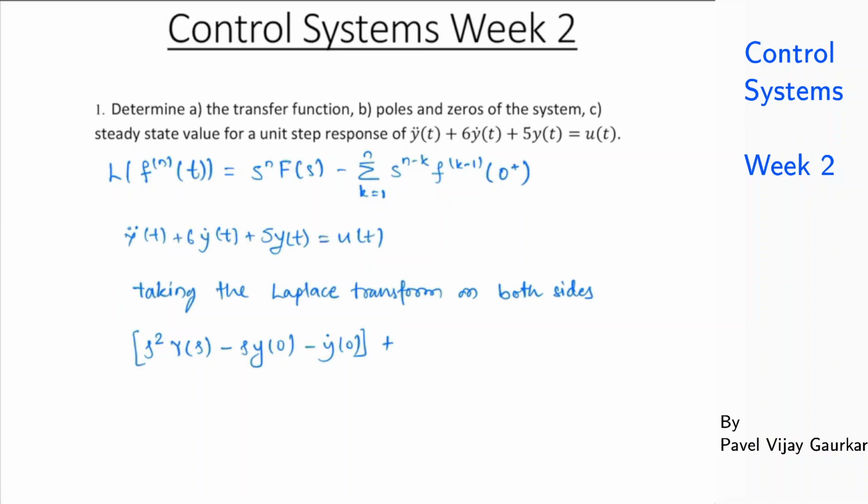For the second term, 6 into s Y(s) minus y(0), plus 5 into Y(s) equals U(s).